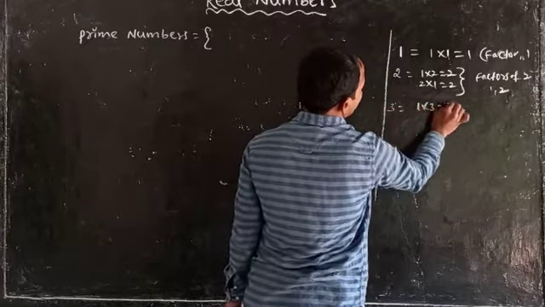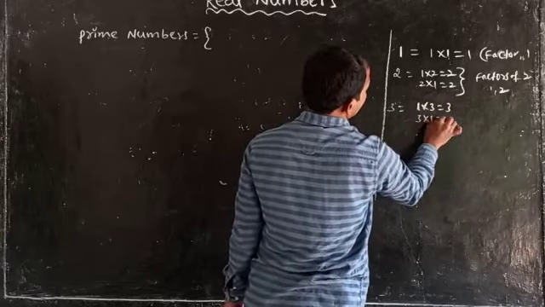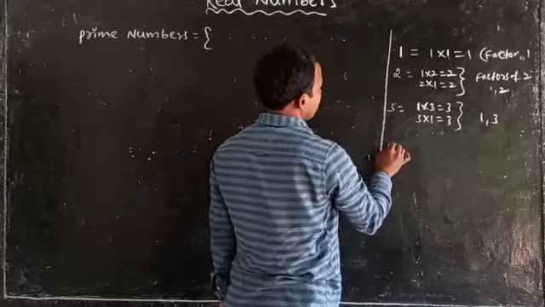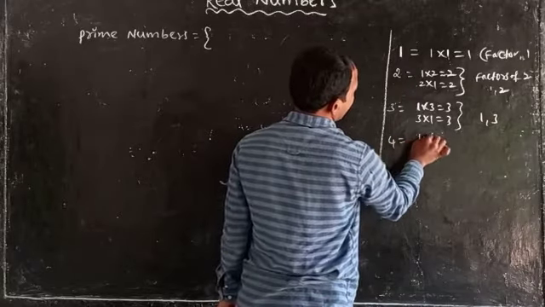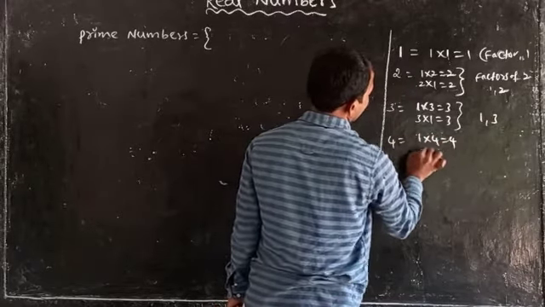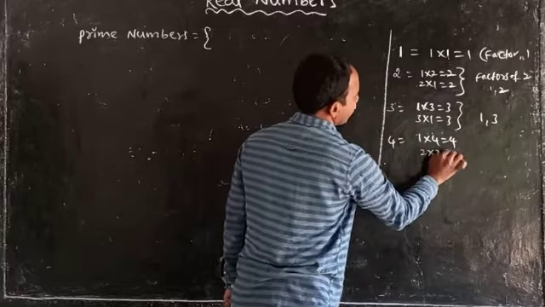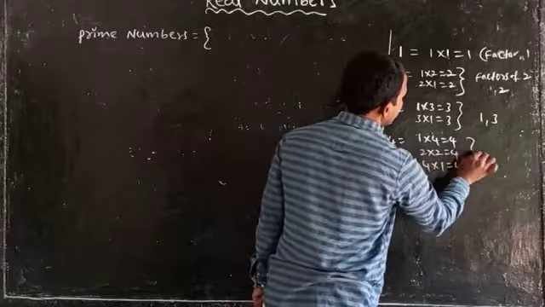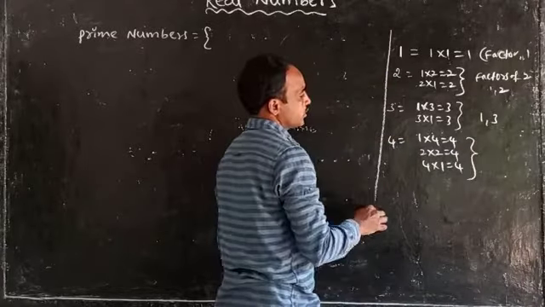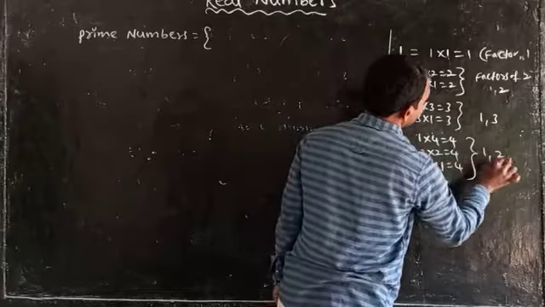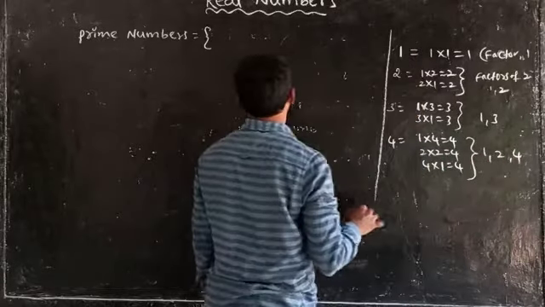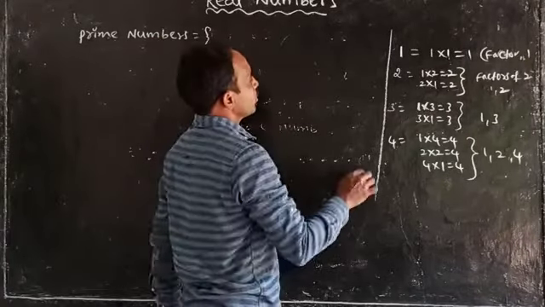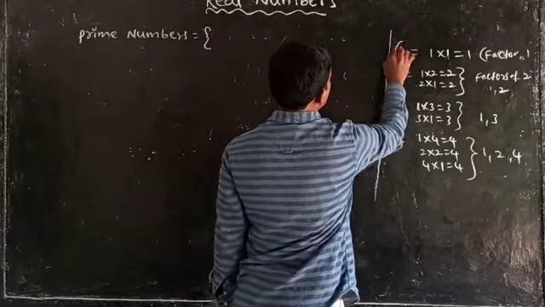Then 4: 1 times 4 is 4, 2 times 2 is 4, and 4 times 1 is 4. So 4 has three factors, 1, 2 and 4. Here, which numbers have only two factors? 1 has only one factor, so this is not a prime number.